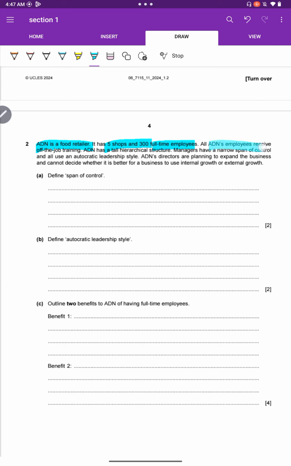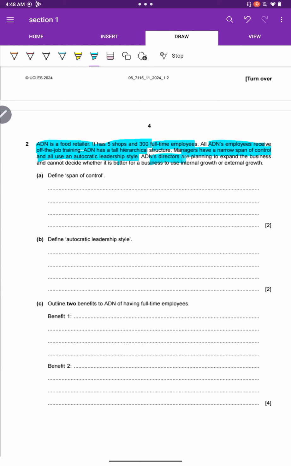All A&D's employees receive off-the-job training, and we know that off-the-job training costs a lot. A&D has a tall hierarchical structure. Managers have a narrow span of control and all use an autocratic style. So we know there are different pros and cons of using the tall structure and narrow span of control.